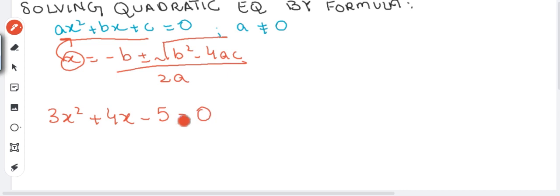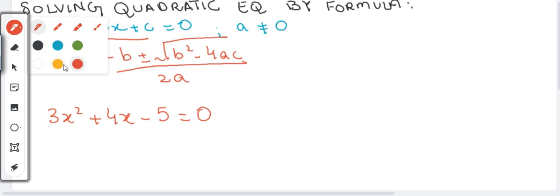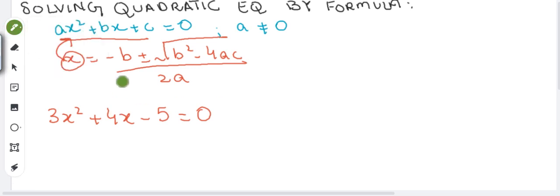So to solve this equation using the quadratic formula, we first just need to compare this quadratic equation with the general form of the quadratic expression. The first term is ax square. If we compare this ax square with this 3x square, we get a equals 3.